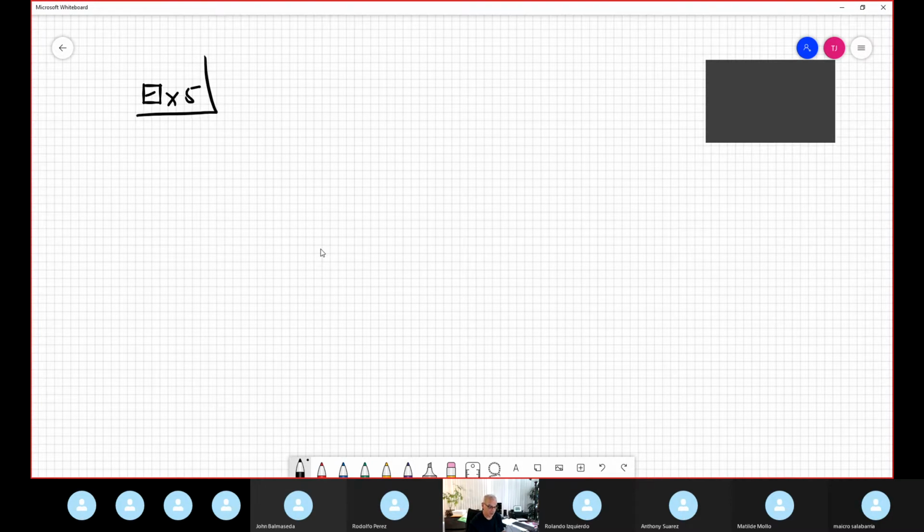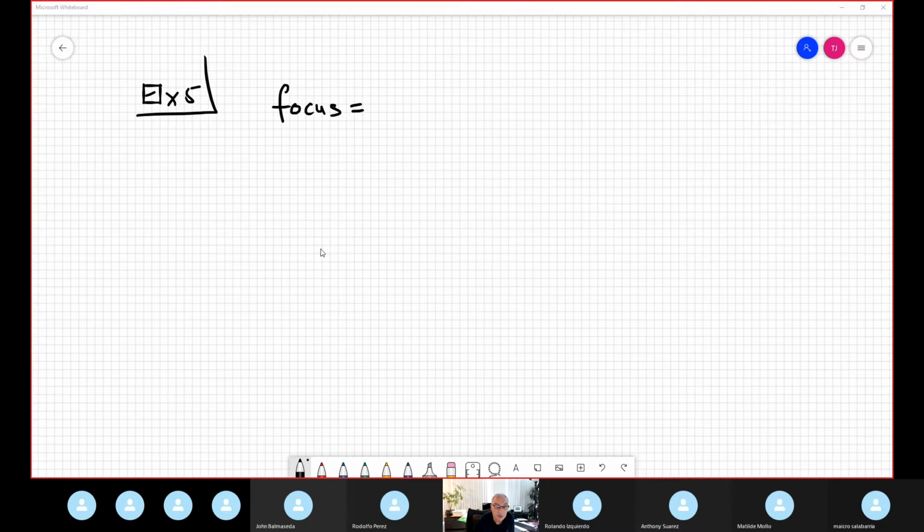Example 5 is a little bit weird because they give me information about the focus, but no equation. So you need to use your imagination and roughly sketch by hand on a piece of paper.